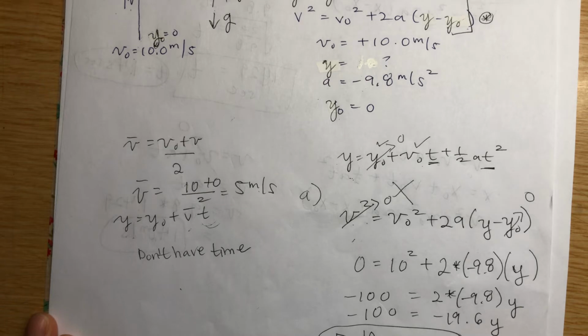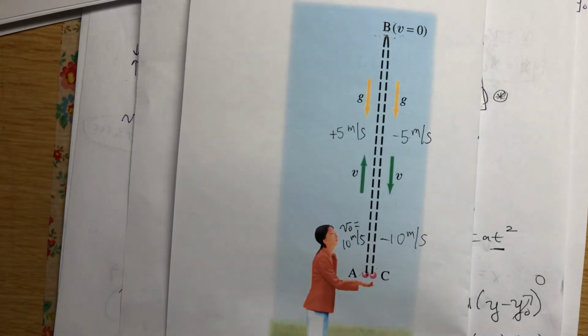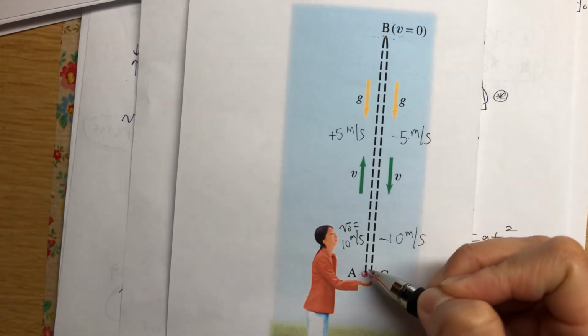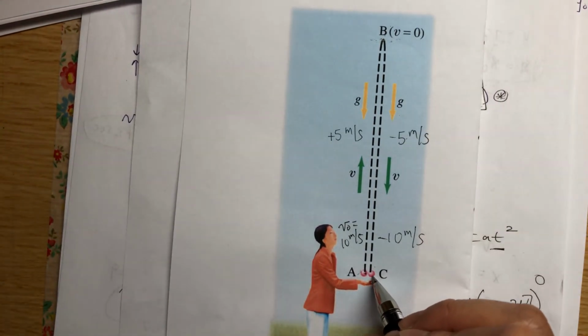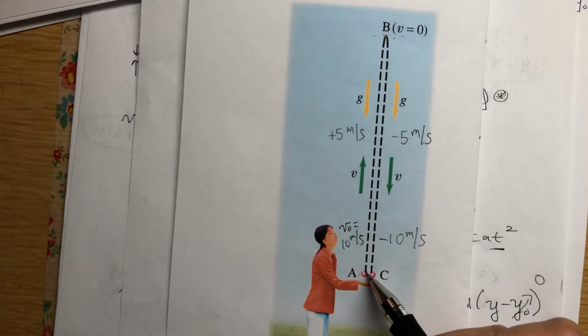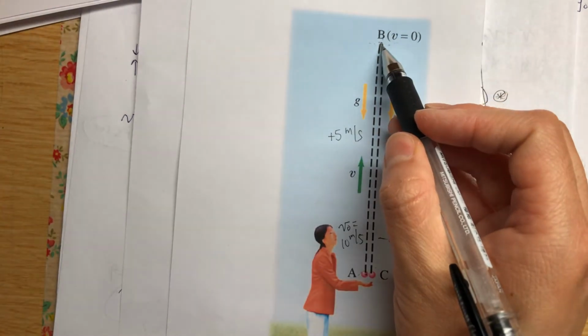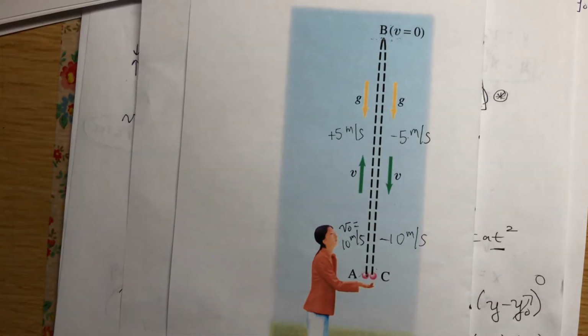Now let's do part C, because part B asks how long the ball is in the air before it comes back. Part B is asking for the whole time from A back down to C. Part C asks how much time it takes for the ball to reach the maximum height, from point A to point B. I'm going to calculate that first, and then multiply it by 2 to find the whole path.